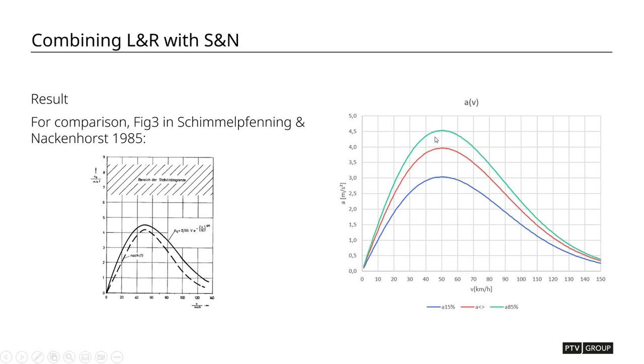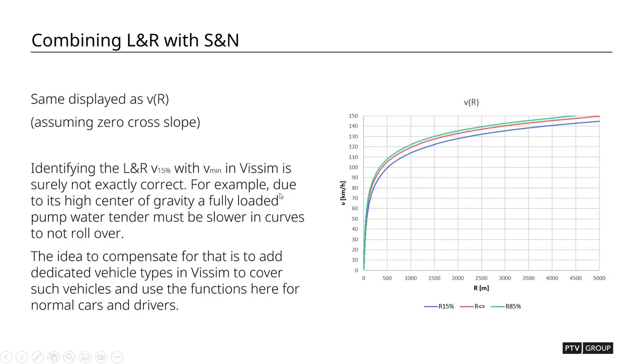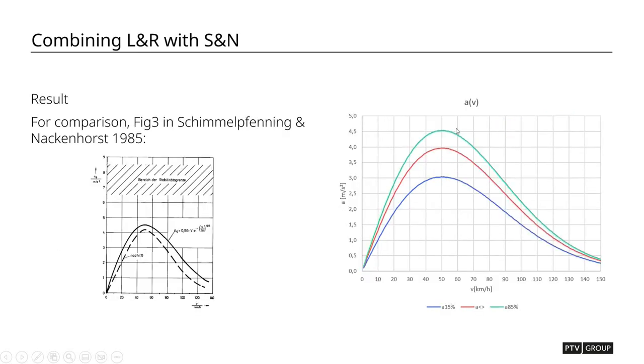So we have here the lateral acceleration depending on speed, exactly the Schimmelpfennig-Nackenhorst picture for 85 percentile, average speeds, and 15 percentile. Looking at this very same function in the speed versus radius picture, the difference doesn't appear to be so large, but it's really the same data.